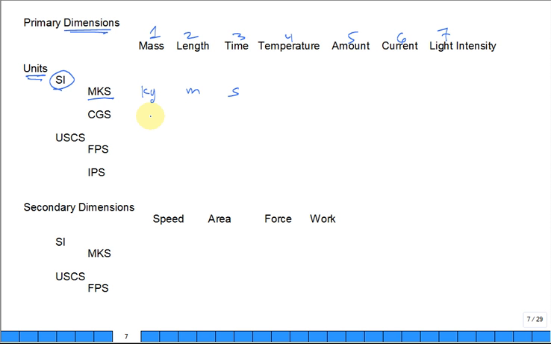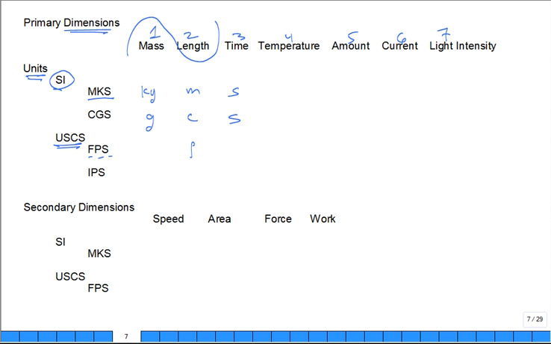CGS, it's a gram, a centimeter, and a second. I should have put them in the other order, shouldn't I? Put them like that: length, mass, time. That would have been lined up with MKS. In the United States system of customary units, what we have is foot, pound, second.